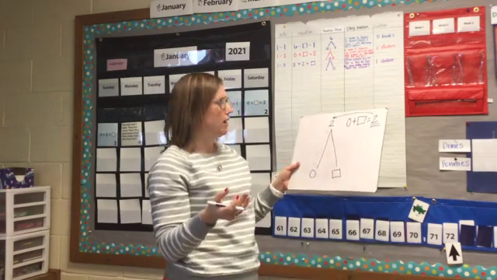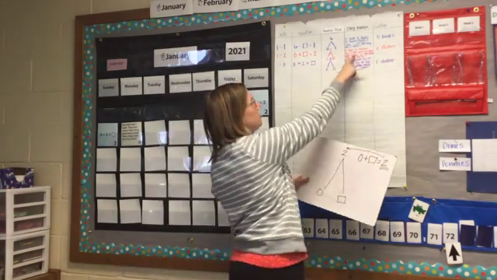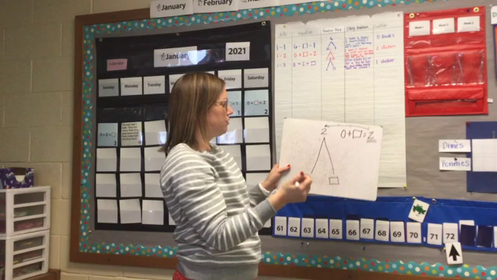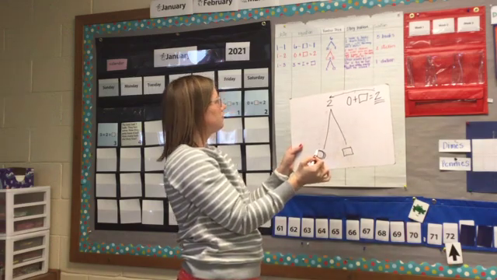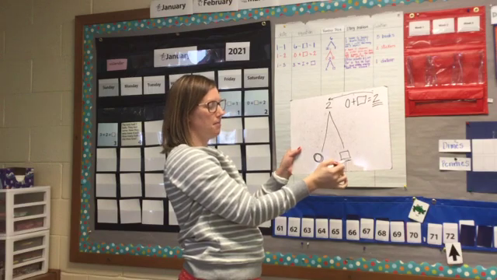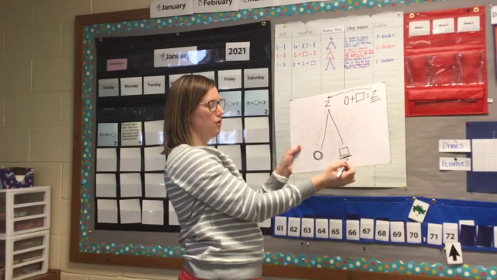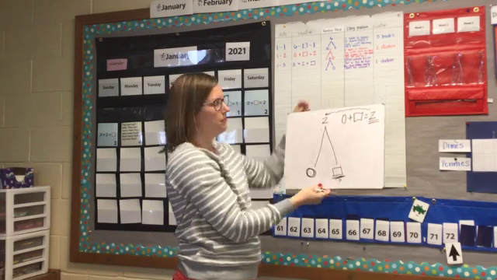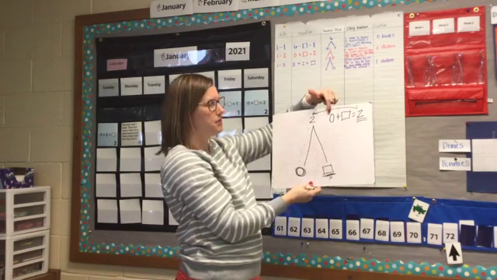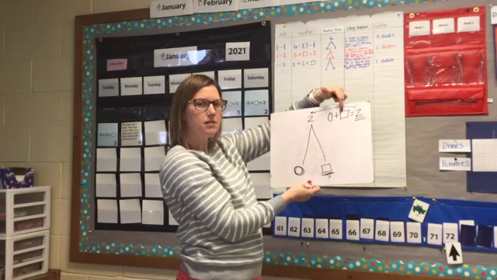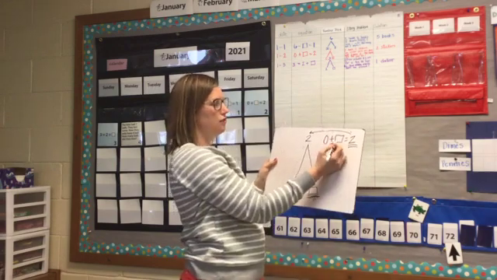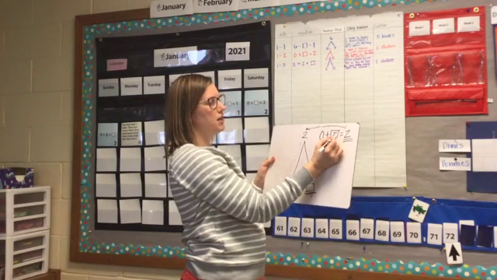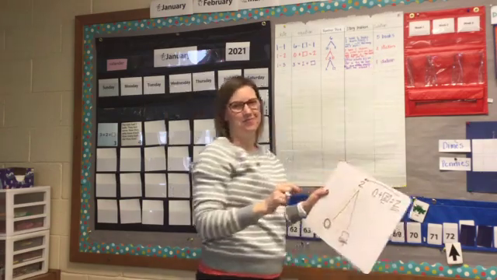How many more do I get? So my story problem to go with my equation is I have 0 stickers. My sister gives me some. This is what we don't know, but now I have 2. I have 0 stickers. My sister gives me some. Now I have 2. So how many did she give me? She gave me 2 stickers.